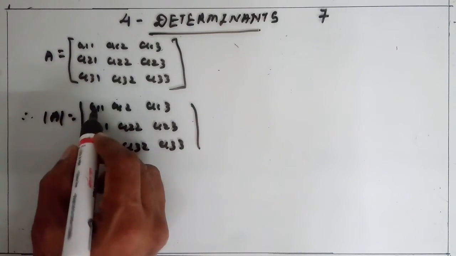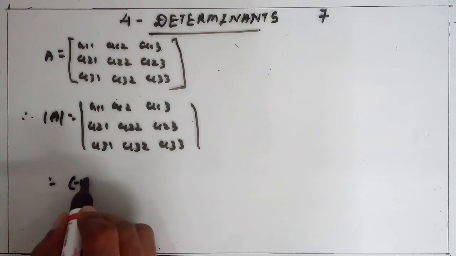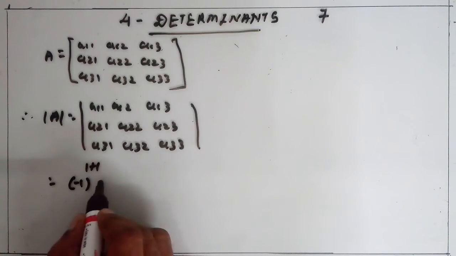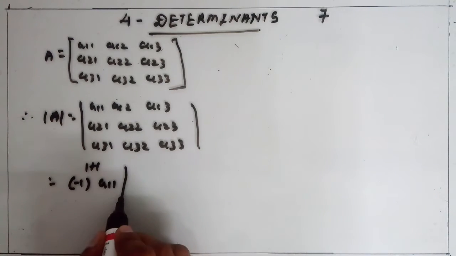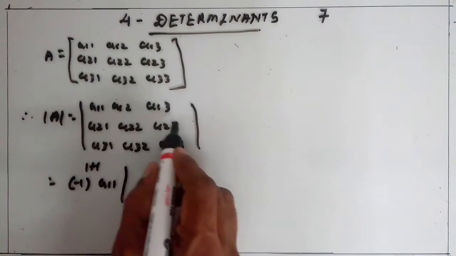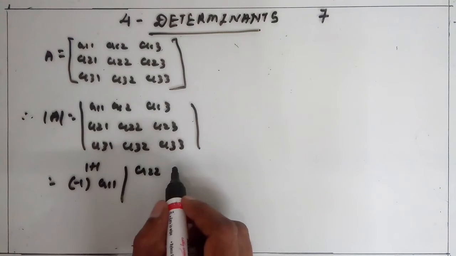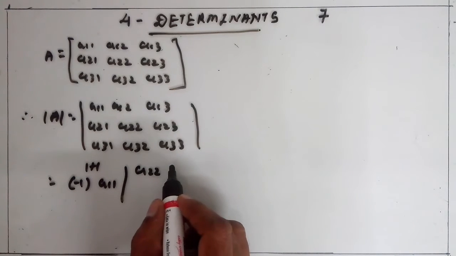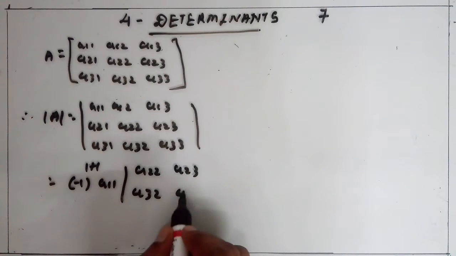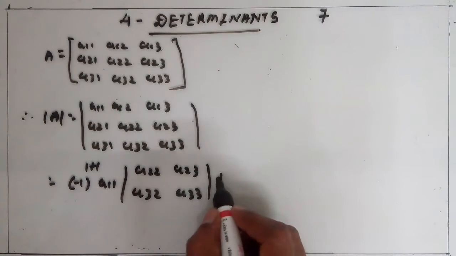Here A11 lies in the first row and first column, so multiplying by -1 raised to 1 plus 1 into A11 into, remove this row and column, using the remaining entries, get a determinant of 2 cross 2: A22, A23, A32, A33. Clear this? 2 cross 2, that is second order.